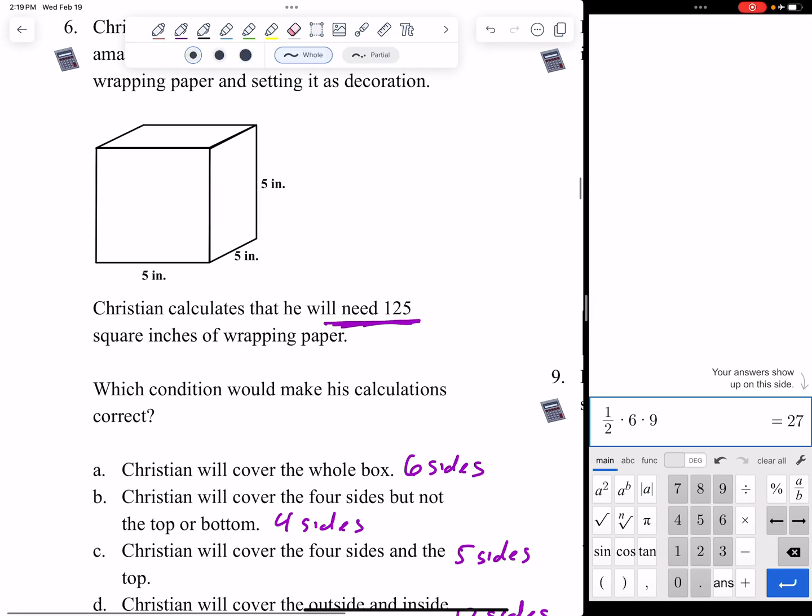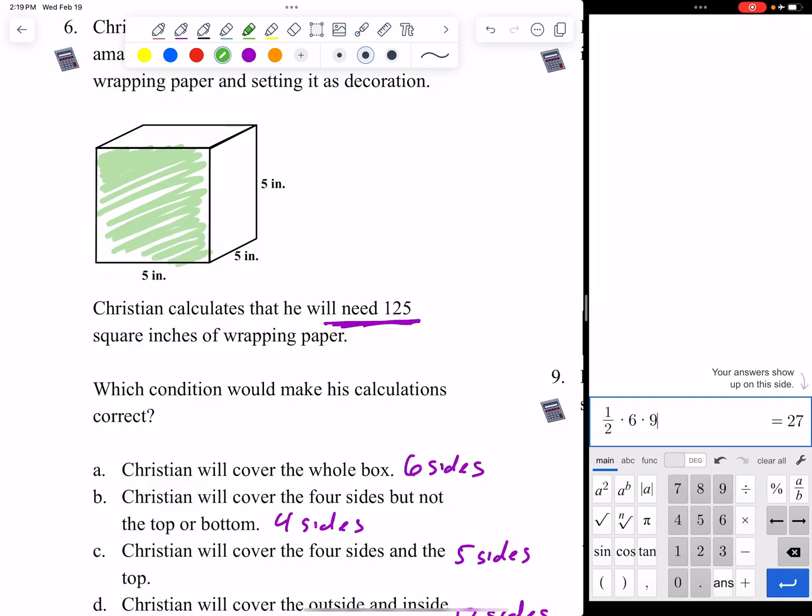So what we got to figure out is, well, okay, let's try to figure out how much one of the sides is going to need. So if I want to find the area of a square or rectangle, okay, it's just length times width, right? The thing that makes this one special is that both the length and the width are the same.